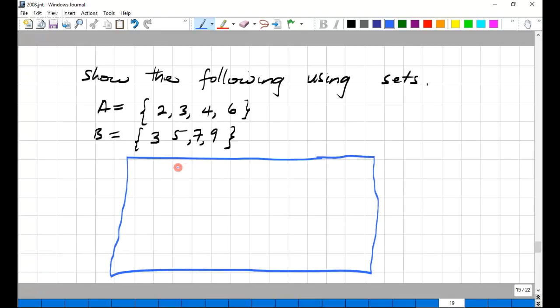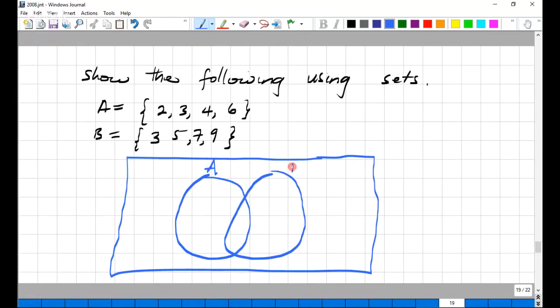Draw the Venn diagram. Very good. I'm putting set A. I need set B as well, right? Is there anything common? Do I need to have an area of overlap? Yes. Okay, so let's see.